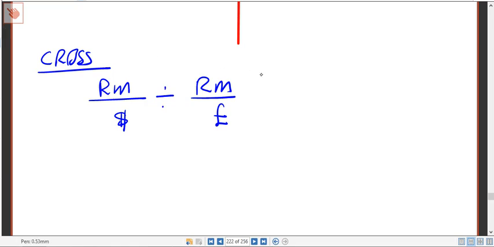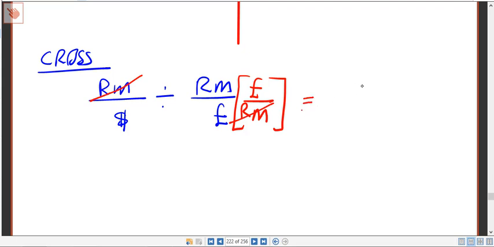But when you divide, teacher in school said sterling goes up, ringgit goes down. Don't know for what reason. I forgot to ask her. She's no longer around. So what you're going to do now is you're going to divide. When you divide, RM disappears, correct? The resultant of this is going to be what?